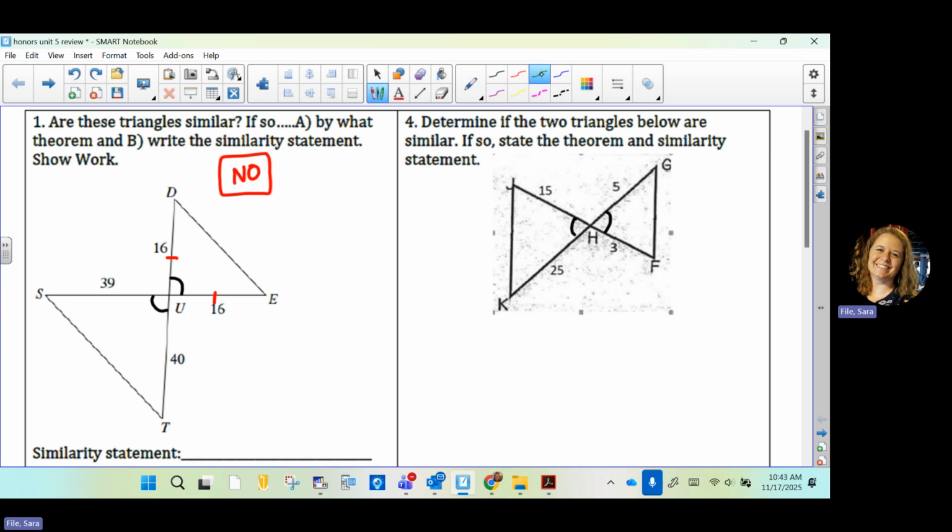So what I would check is, since 3 is smaller than 5, 3 would have to correspond to the smaller side of the other triangle, which would be 15. So I'll set up 3 is to 15 and see if it's the same as 5 is to 25.